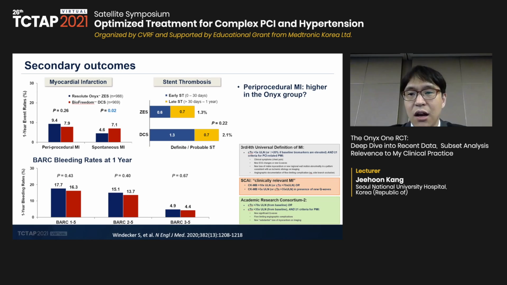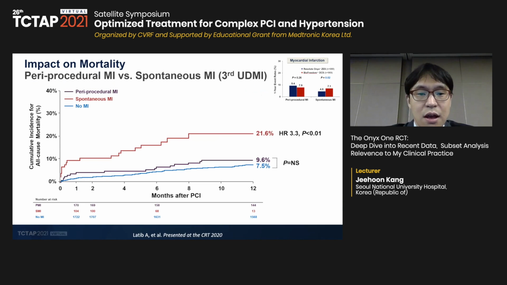So there were a lot of issues raised about the higher periprocedural MI in the Onyx group, while the spontaneous MI was lower in the Onyx group. So a further analysis was performed on the periprocedural MI. And interestingly, the periprocedural MI did not have any clinical implication in the 1-year outcomes, whereas the spontaneous MI was a very hazardous incident in the 1-year outcomes.